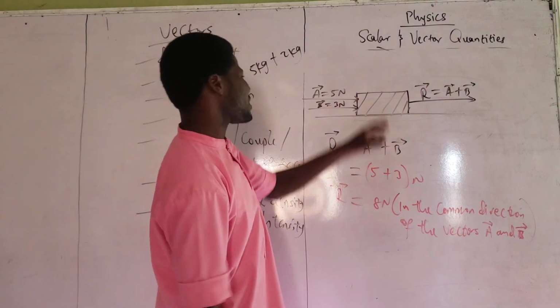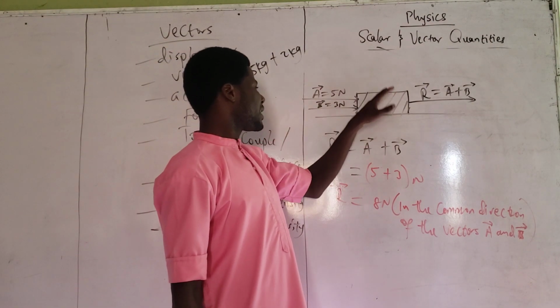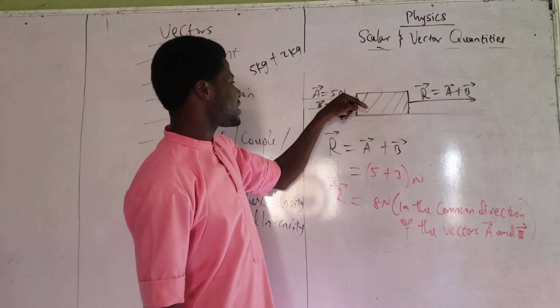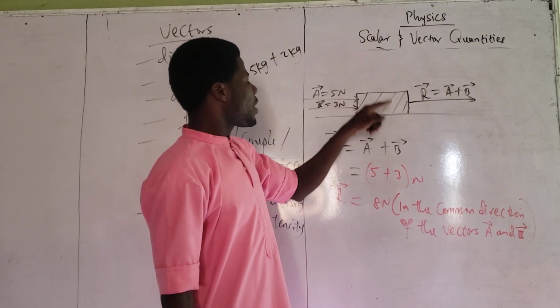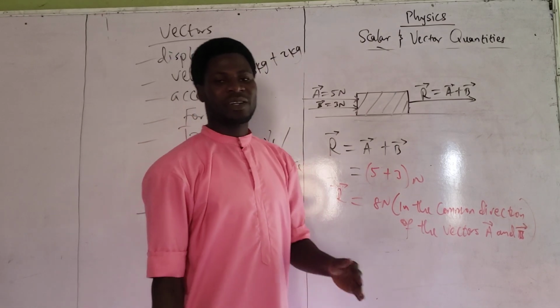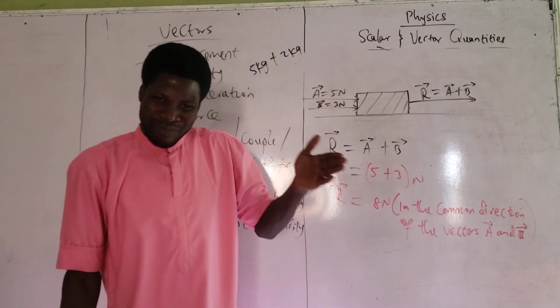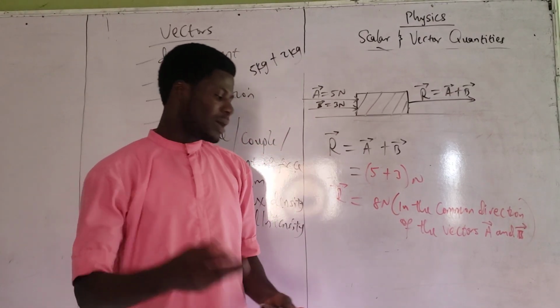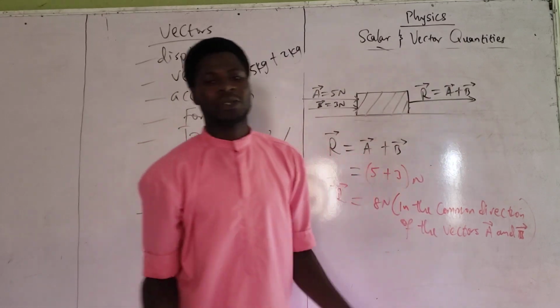So the resultant force acting on the body is 8 Newton. So that 8 Newton will affect the magnitude, will also affect direction. That's why we said the resultant factor will have the same effect in the magnitude and direction as the original factors are acting together. Then what happens when they are in opposite direction?